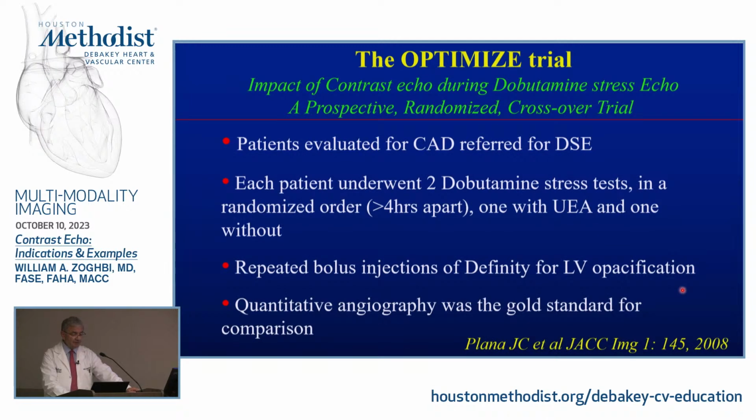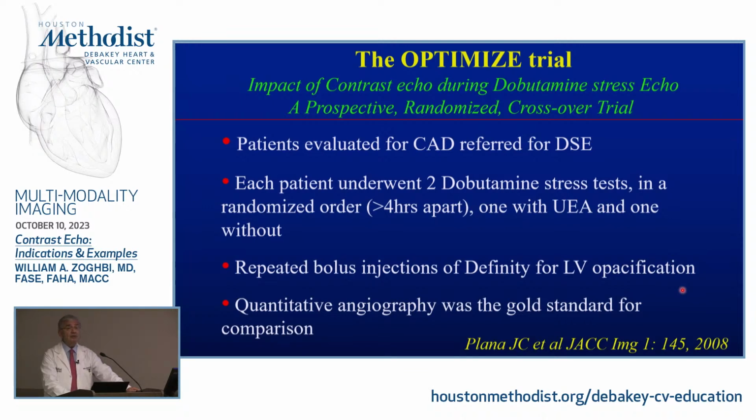This is from Dr. Juan Carlos Plana when he was a fellow with us, so you can date him a little bit. He heads the cardiology service line at neighboring Baylor St. Luke's. We did a study that we don't want to do again, where we did 2 dobutamines for a patient, one with contrast and one without.